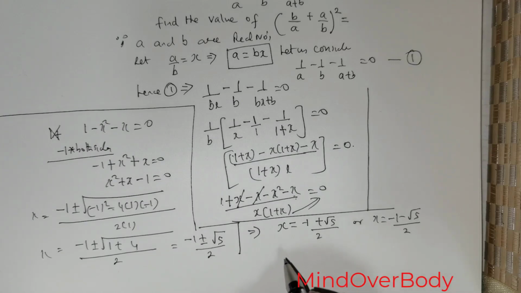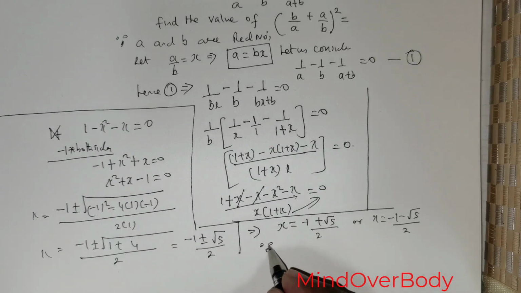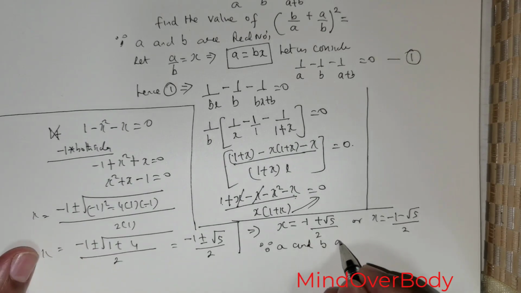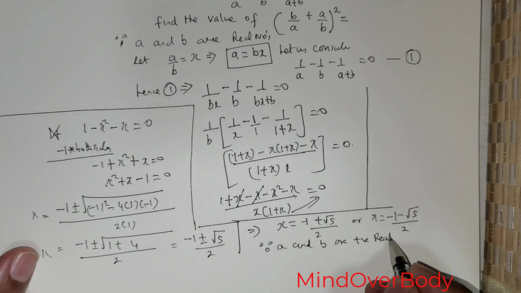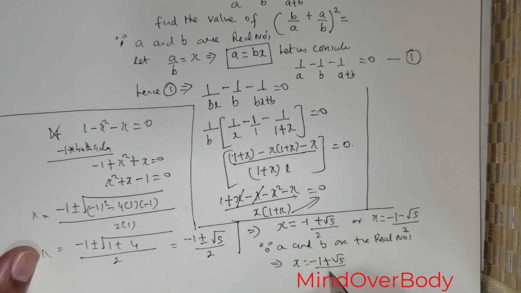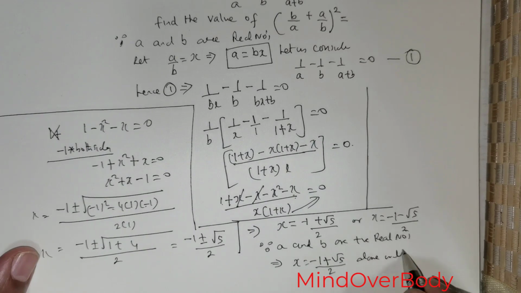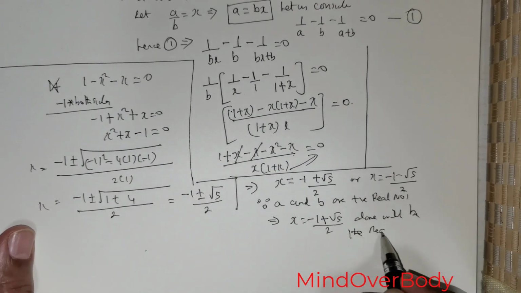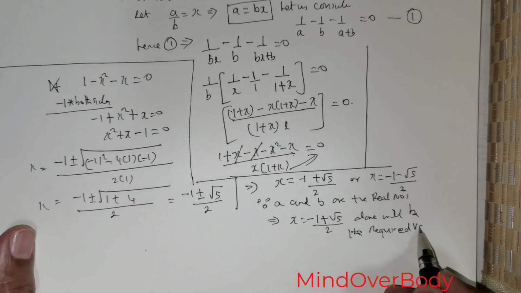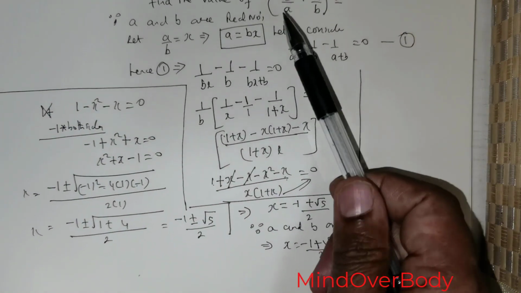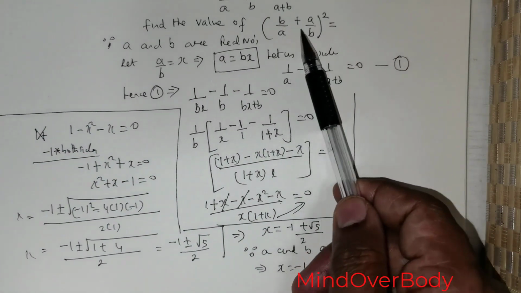Since it is given that a and b are positive real numbers, this would mean x is equal to -1 positive root 5 over 2 alone will be the required value, right?